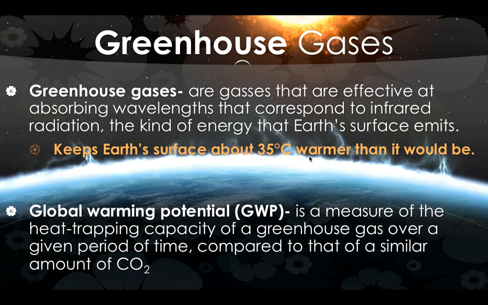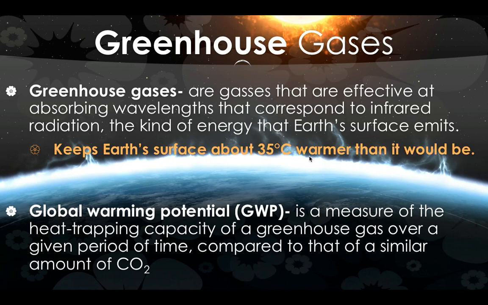And in order to produce or emit light or other kinds of electromagnetic radiation, it has to be at a very specific wavelength. So that's why different gases will emit or absorb specific wavelengths of radiation, because they're made out of different elements. And certain elements will absorb different wavelengths of light better than others.